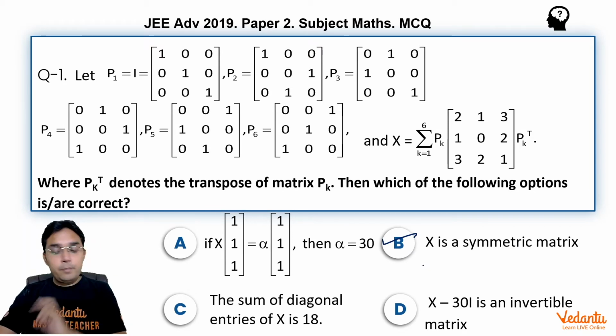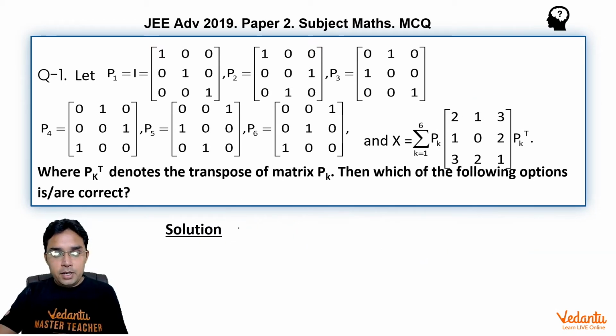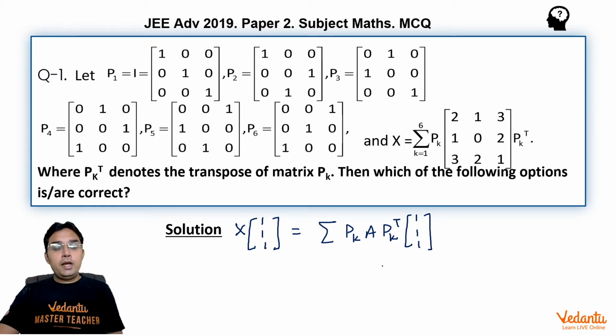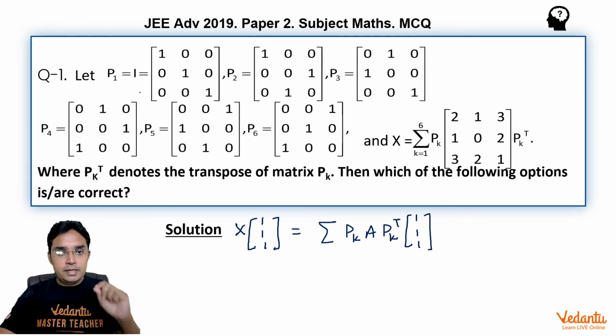Now coming to the A part, which says X into [1 1 1]. To solve this, I will write sigma of Pk into A into Pk transpose into [1 1 1]. Now please notice all the matrices P1 to P6 are such that four of them, P1, P2, P3 and P6, are symmetric, so they are transpose of themselves.